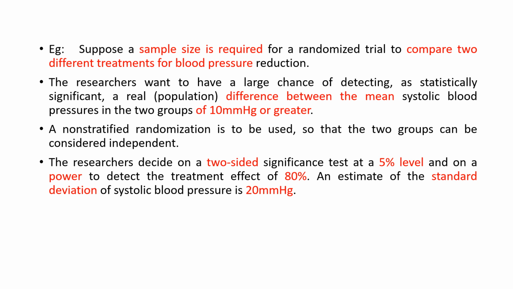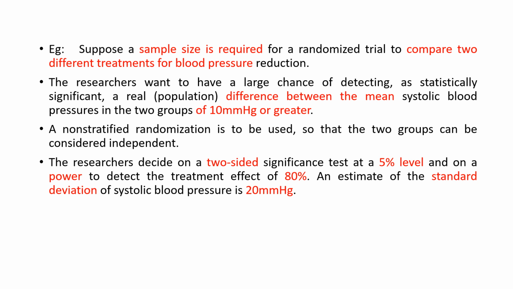Suppose a sample size is required for an RCT to compare two different treatments for blood pressure reduction. The researcher wants to have a difference between the mean systolic pressure in the two groups of 10 mmHg. The non-stratified randomization is used, so the two groups can be considered independent.